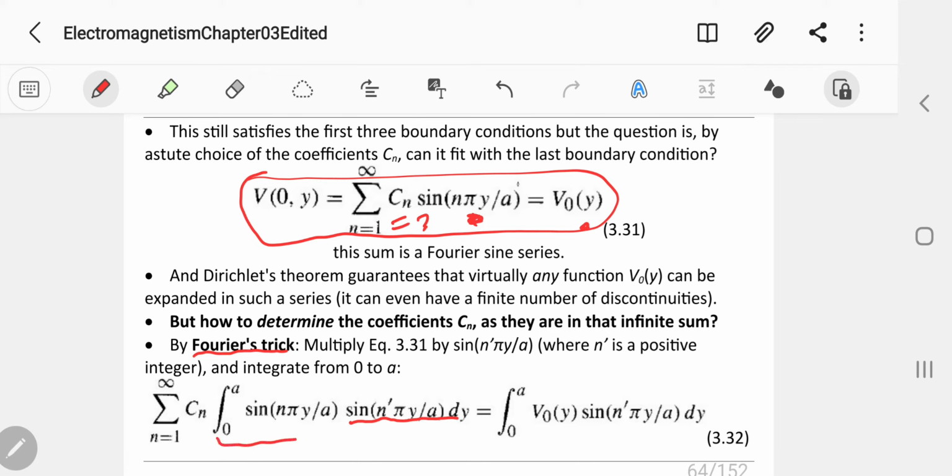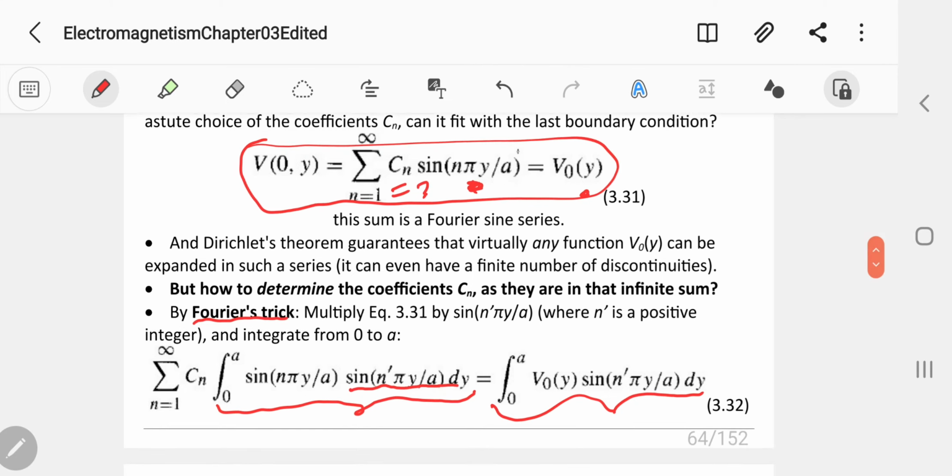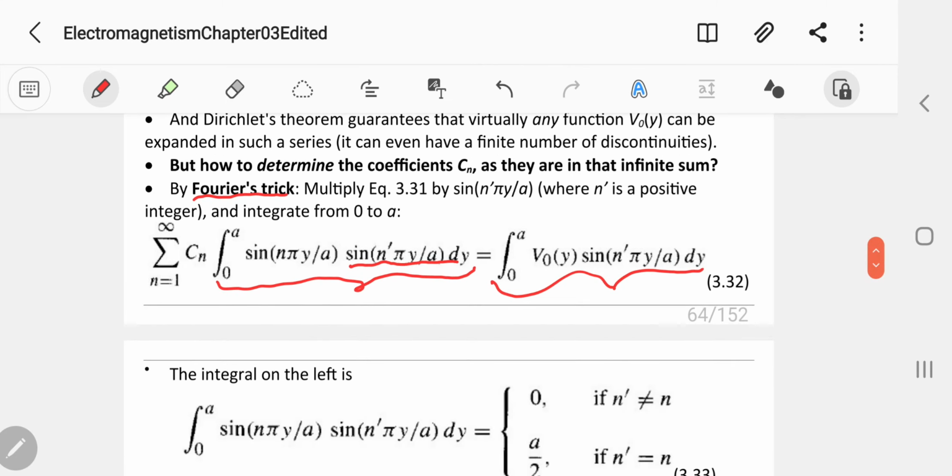These are orthonormal sets. You have a special identity for that, and of course you can just integrate this V naught. If V naught is a constant, then you can take that out of the integral. But in this case you have a dependence on y, so it's safe to put inside.